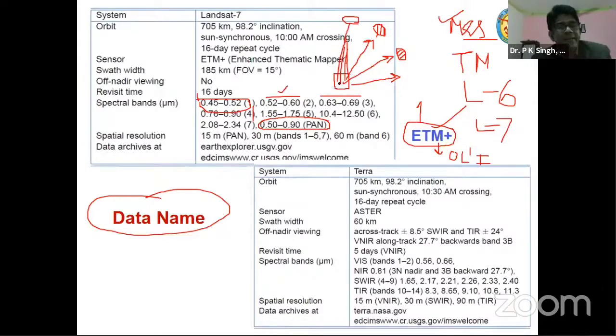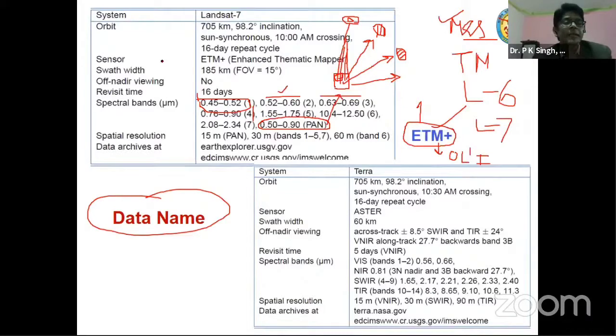So that same area will be detected by the sensor. So even if you are taking a smaller area, it will be recorded. So in panchromatic bands, the spatial resolution will be high.